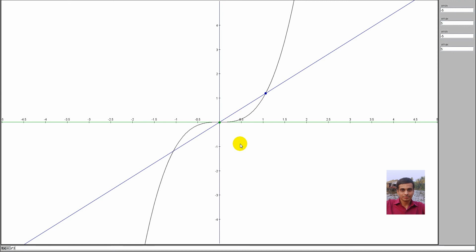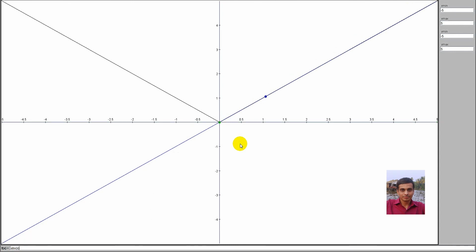Another student during another lecture asked about the function mod x. So I am plotting the graph of mod x. He raised the question of why the x-axis cannot be treated as a tangent line to the function mod x, or absolute value of x.